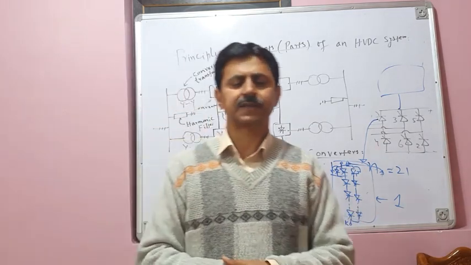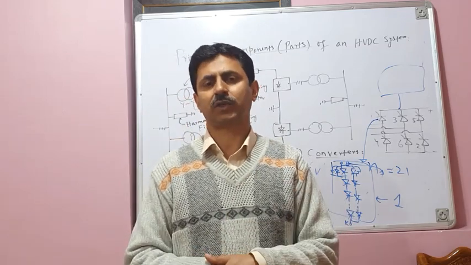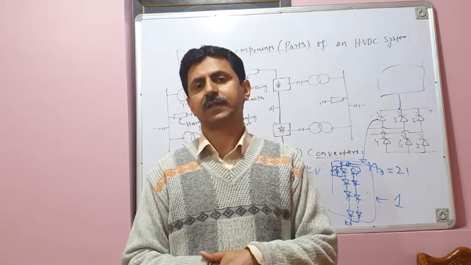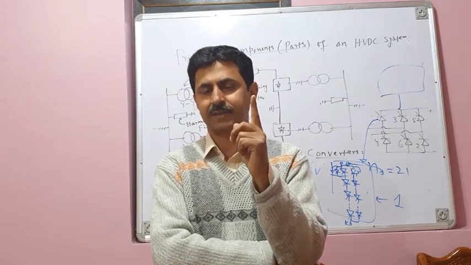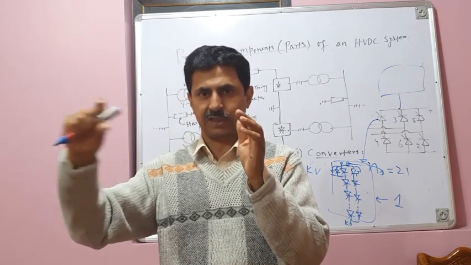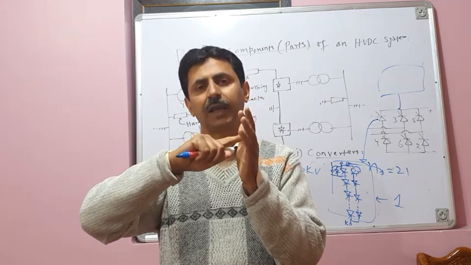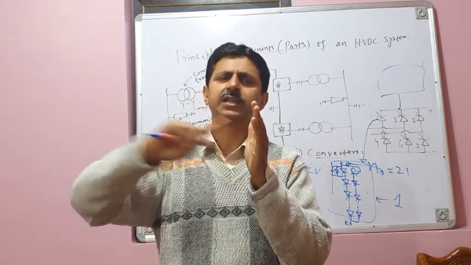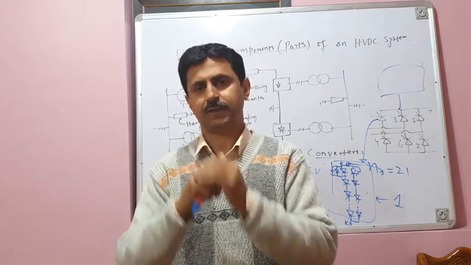Now, as far as these thyristor valves are concerned, what are the requirements? What are the desirable features of these converter valves, thyristor valves? One requirement is that when a particular thyristor valve is in the conducting phase, it should ideally be able to pass any large amount of current with a very negligibly small voltage drop across it.